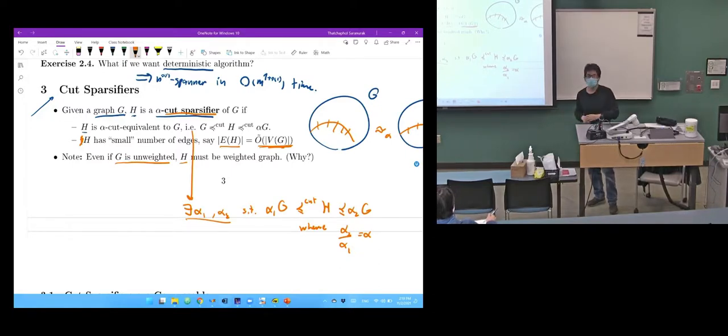If G is weighted from the beginning, then there is no way you get an unweighted sparsifier. But if G is unweighted, at least if G is a complete graph, then there exists an unweighted sparsifier of G, which is just an expander. But that is because of symmetry, right? Yeah, so it's not clear to me whether for every unweighted graph there is an unweighted sparsifier. I'm not sure if it's just false or open.